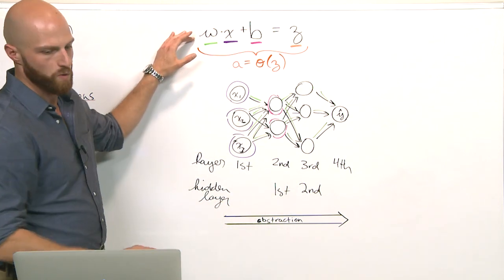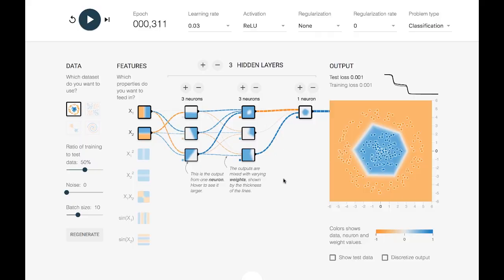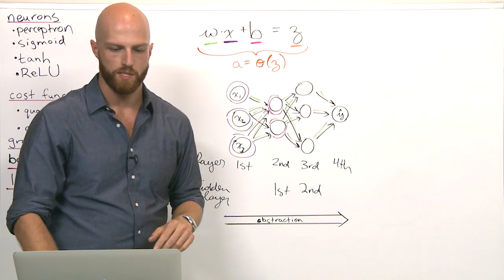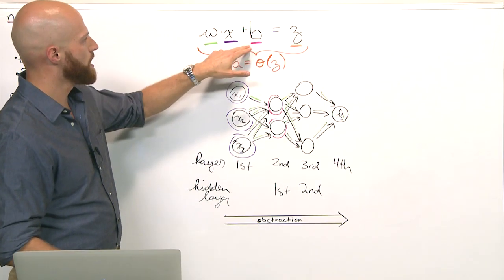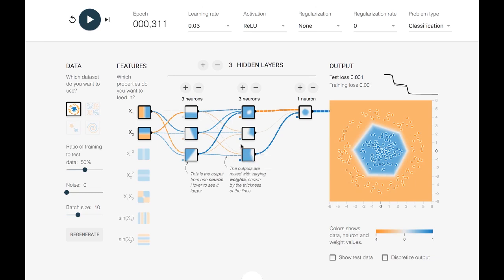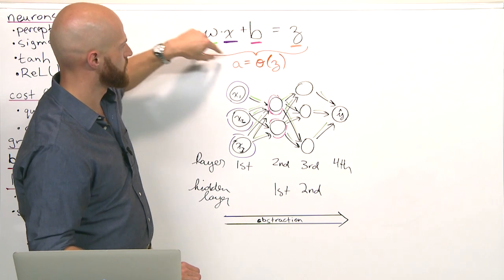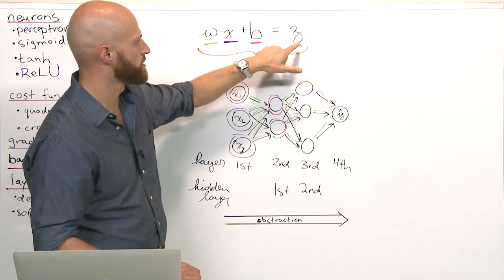We have the weights, W, represented by the tensors in between neurons. The X's are represented by the inputs here, so the vertical and horizontal axis values. And then the bias B is these dots next to each neuron, and the activation is the result of Z, the sum of the dot product of our weights and our x's plus our biases, which is our Z.